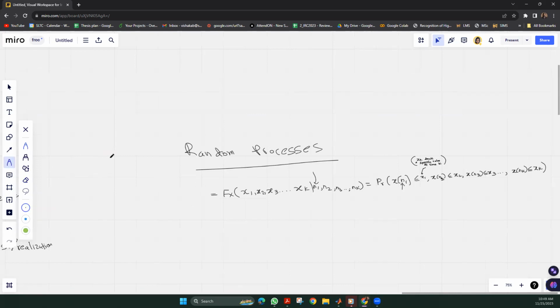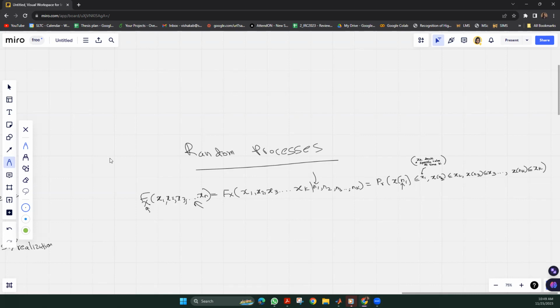If we are considering a random process, we are going to be considering x1, x2, x3, likewise up to xn, multiple random variable values. And in here, I'm going to put capital X as the subscript. Inside this bracket, I have all the random variables that I'm considering.